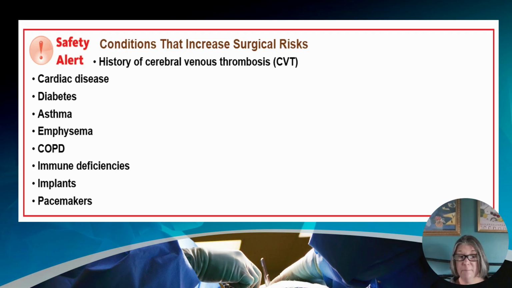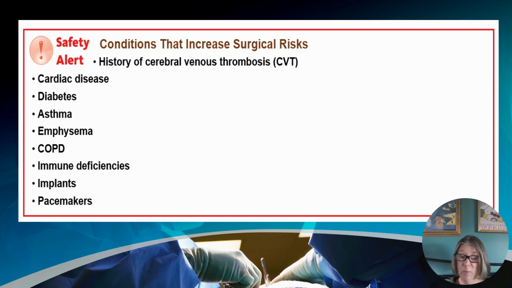There are a lot of conditions that increase surgical risk. I feel like these are pretty obvious. If your person has a history of cerebral venous thrombosis, right? Any history of blood clots like that is going to make us worry about potential for blood clots with our patient. Cardiac disease, diabetes, asthma, emphysema, COPD.